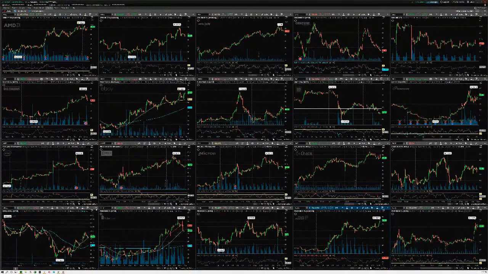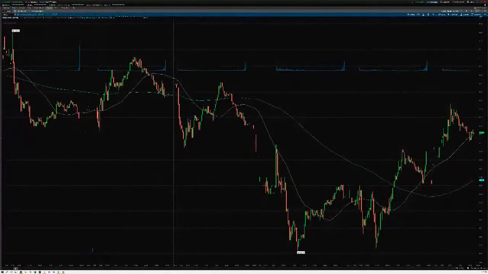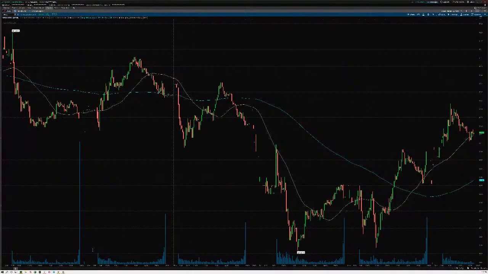Now, to be honest with you, I don't really use moving averages that much. I'm going to maximize this so you can really see it. In this case, what I have is the 200 and the 50, and this is Oracle here.